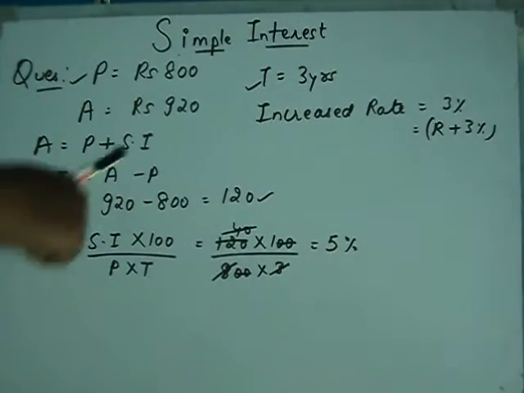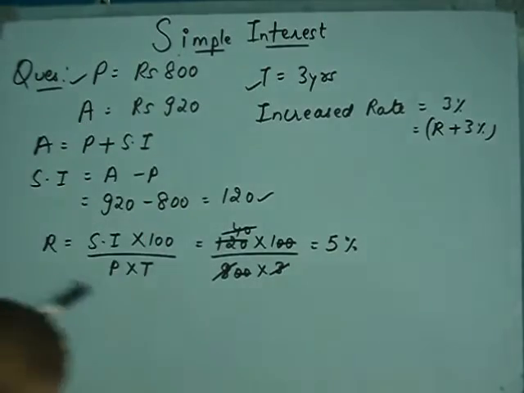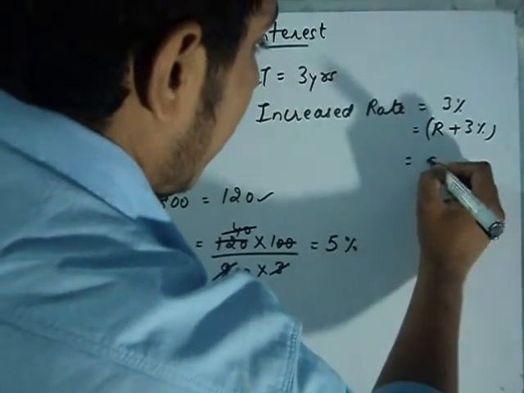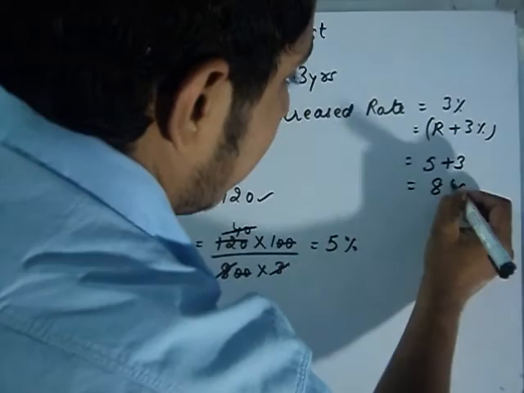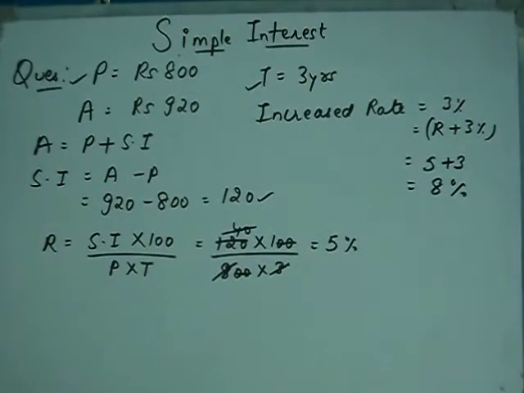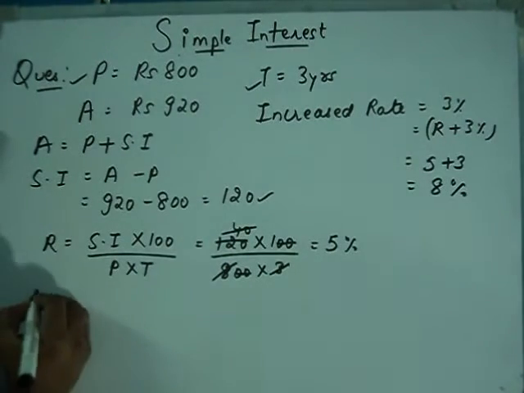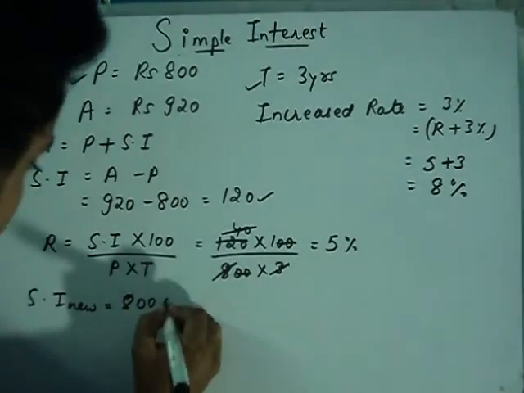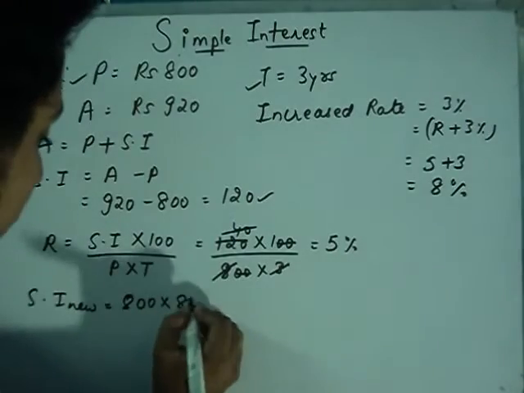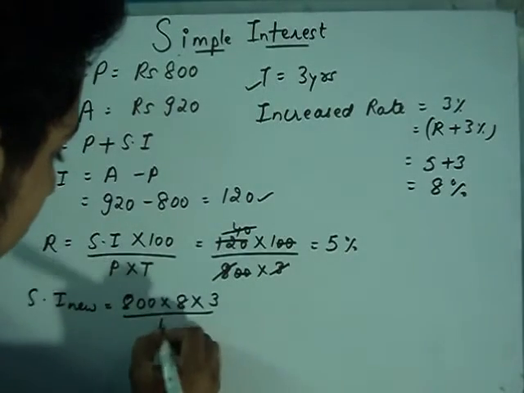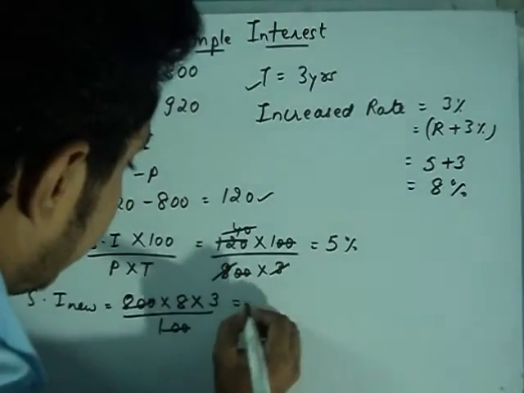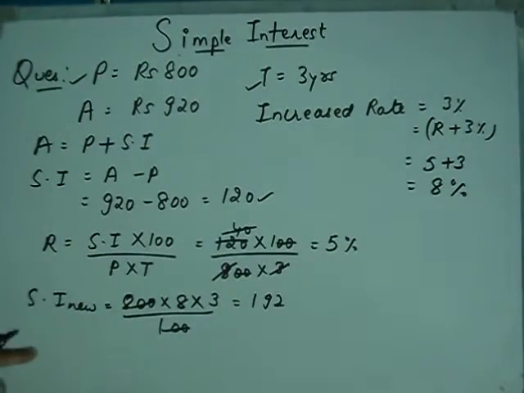In the question it says that the rate of interest is increased by 3%. That means the increased rate will become 5 plus 3 equals 8%. We have to calculate the amount. So our new SI equals principal 800, rate of interest 8, and time 3. We calculate and get 192 as our new simple interest.